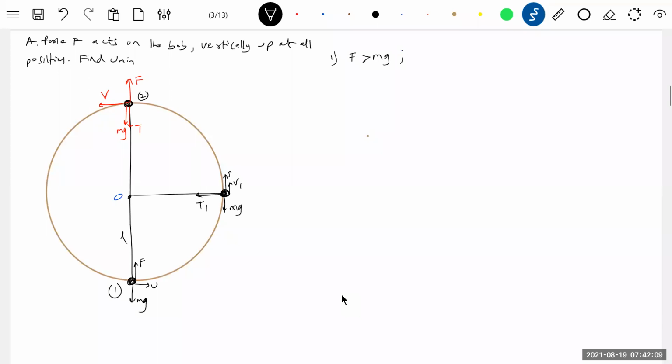Then what are the equations? We'll write T1, T2. It'll be better, we'll use symbols. T1 plus F minus mg equals mu square by L. Here, if tension is 0, u will be minimum. Then when will it be 0? When F is greater than mg.